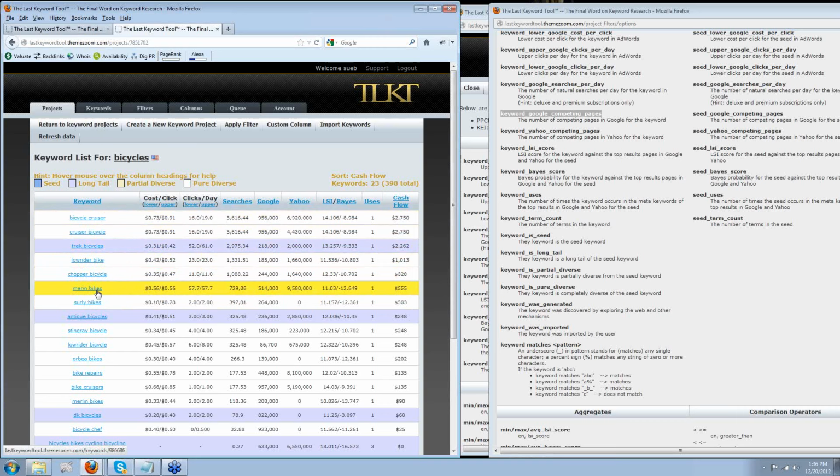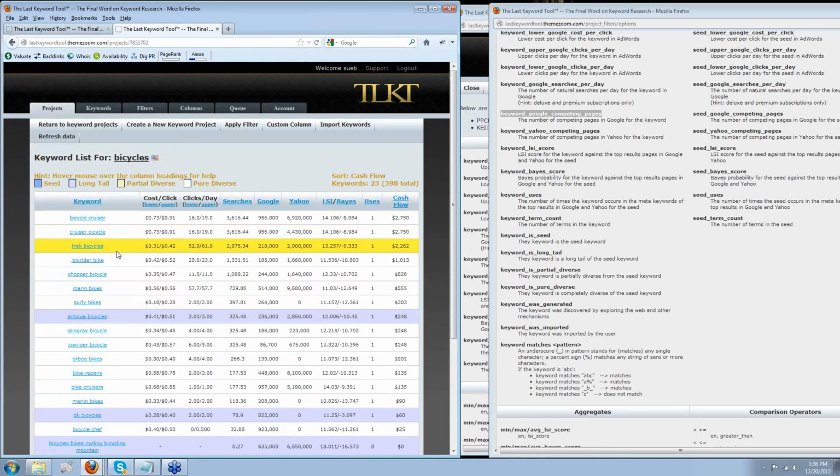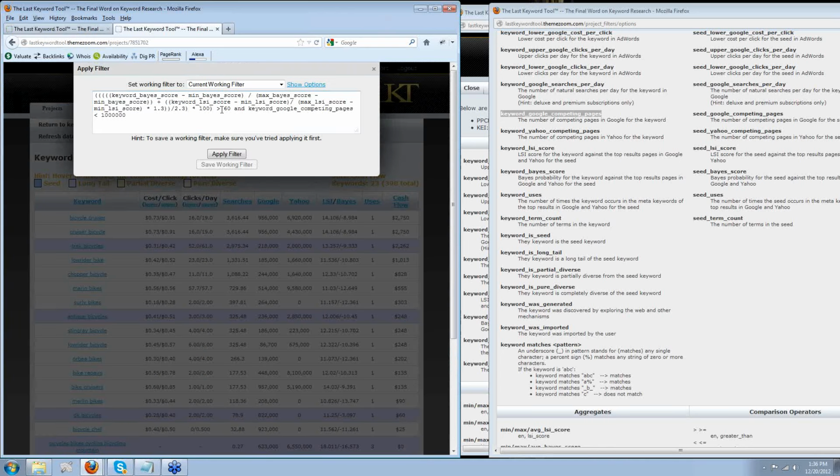And there's no way to actually, let me just think about that for a second. There's no way that I can say, just give me the X number of keywords. But in my filter, I would probably qualify that somehow. At the moment we've got it qualified by Relevance and by Google Competing Pages. And changing that filter is going to change what floats to the top.